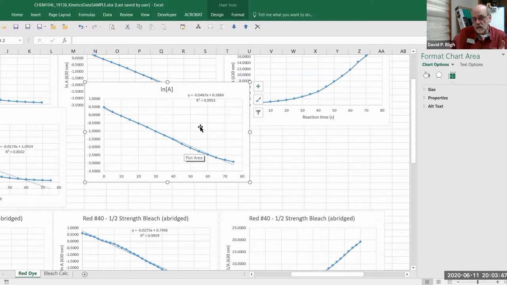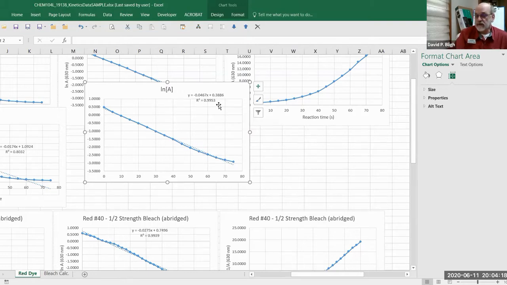All right, so we want to know what is the k value. Remember, natural log of A equals minus k times t, time, plus the natural log of the zero value for A, which is the y-intercept.